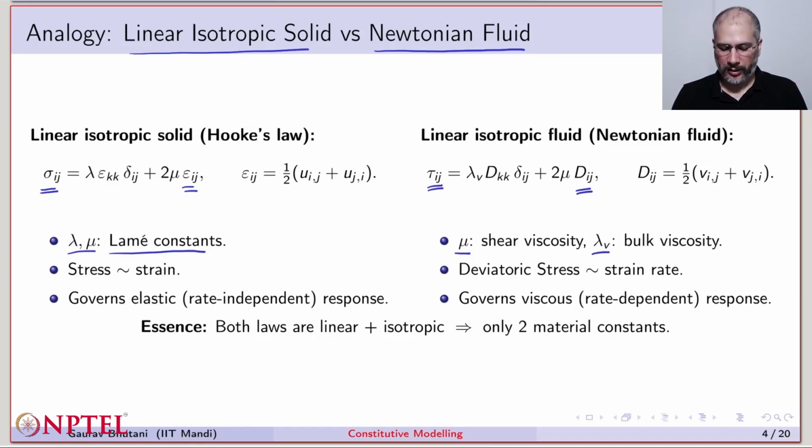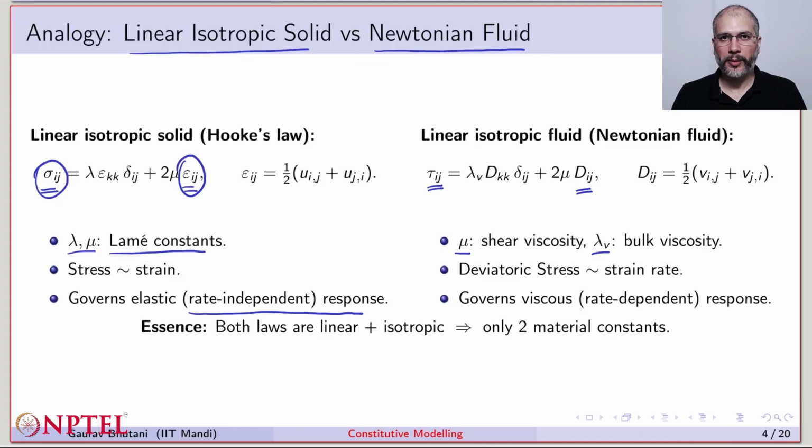Now basically in solids you have a rate independent response, that is your stress or the response depends on epsilon, not the rate of change of epsilon. So time does not play a role here, it is the instantaneous effects that matter.